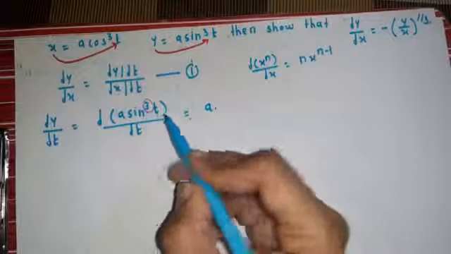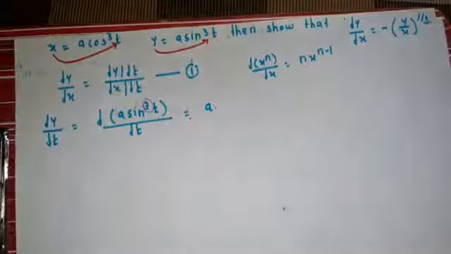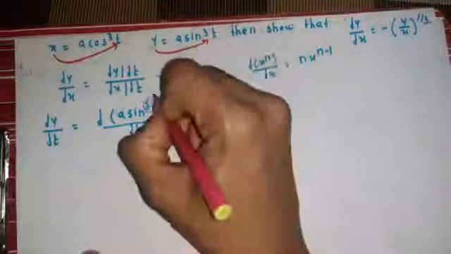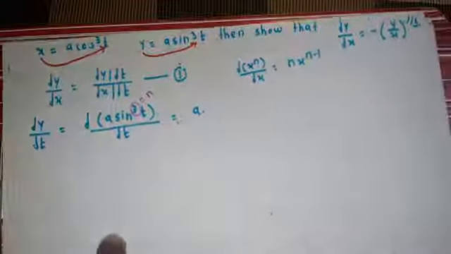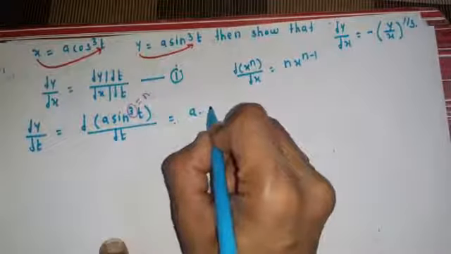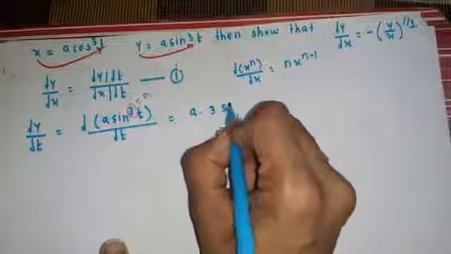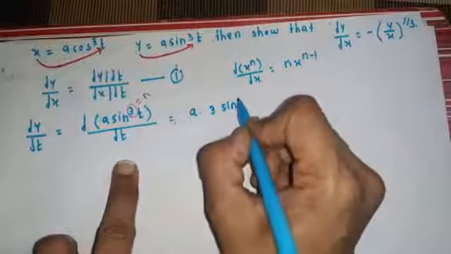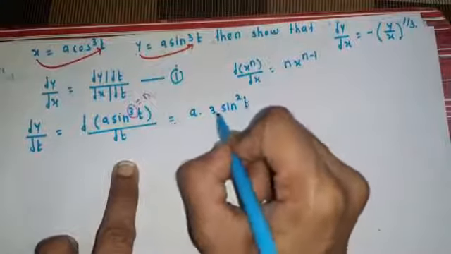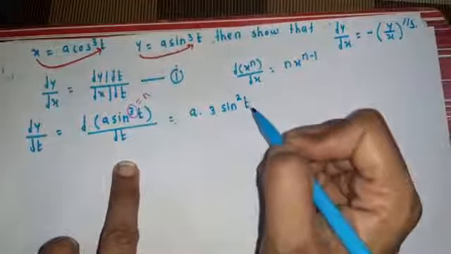So n is 3 here. Therefore by using that formula, n is 3, sine raised to n minus 1, that is 3 minus 1 is 2, that is 3 sine square t.